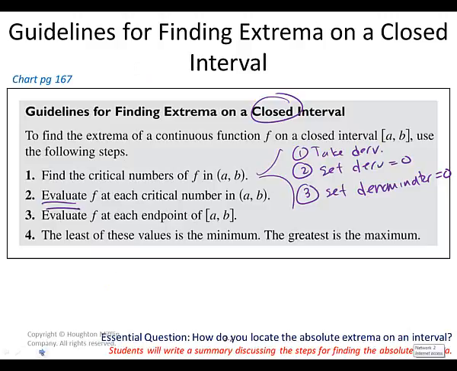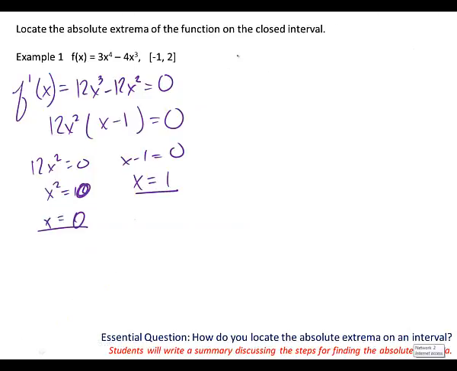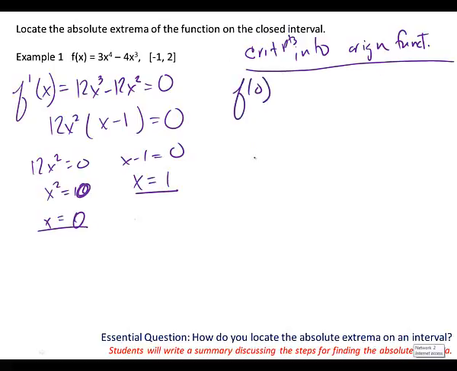Okay? What did it say that I'm supposed to do with those critical points? Evaluate. So I'm going to plug them into my original function. You might want to write, critical points into original function. I wouldn't write that down in your homework. In your notes I would, so you understand what you're doing next. All right, so I'm going to evaluate for f of 0, and I'm going to evaluate for f of 1.